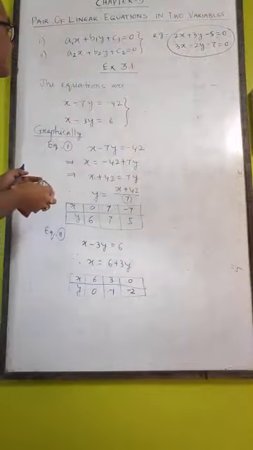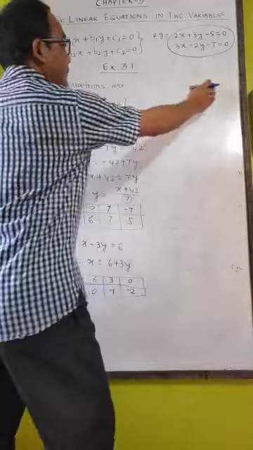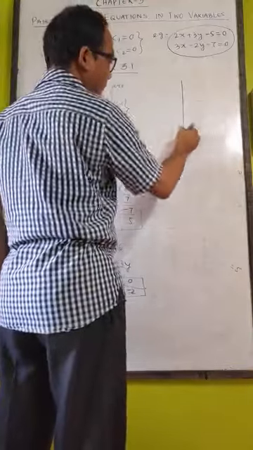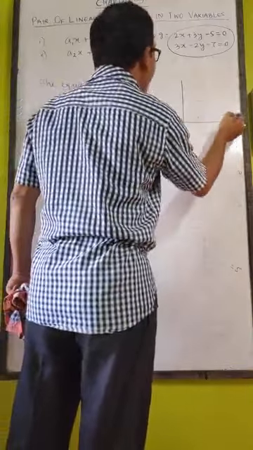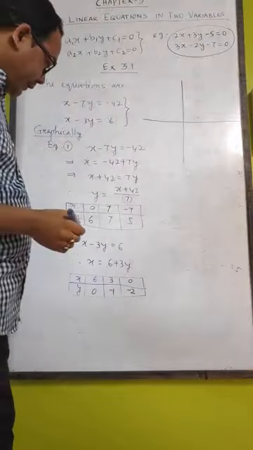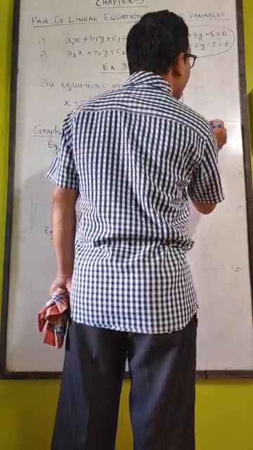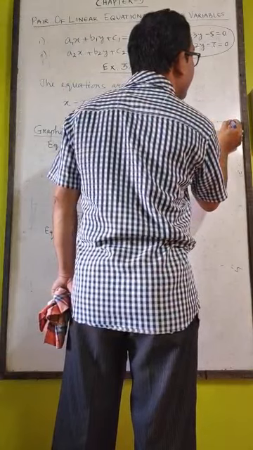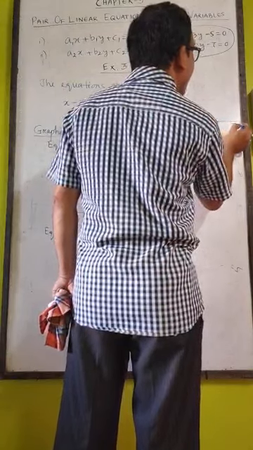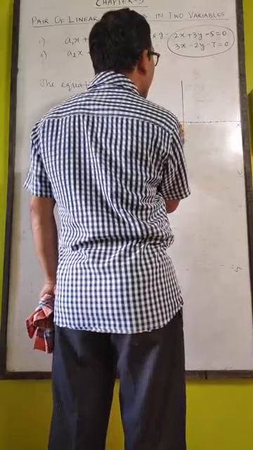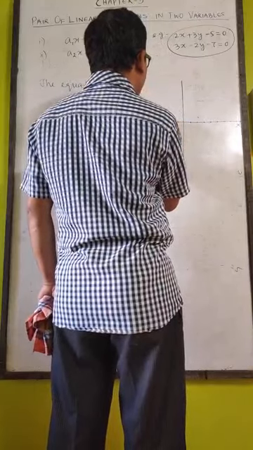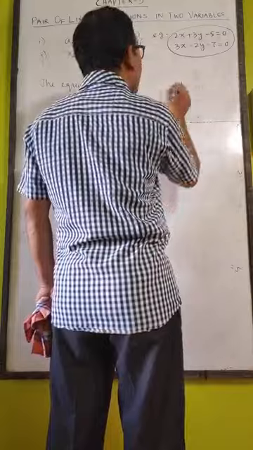Next, you draw the Cartesian plane, and here we have 1, 2, 3, 4, 5, 6, 7, 8 on the x-axis. Minus 1, minus 2, minus 3, minus 4, like that, negative.